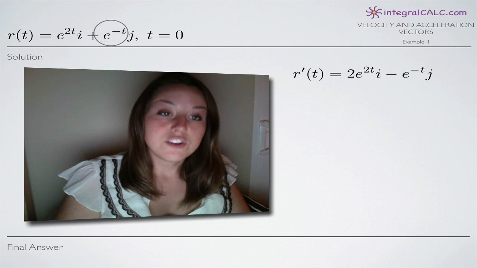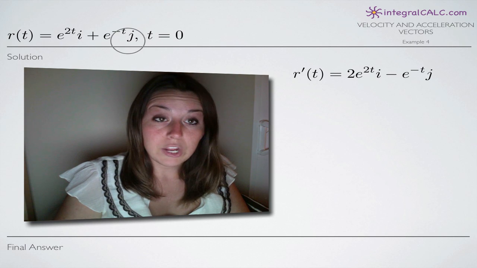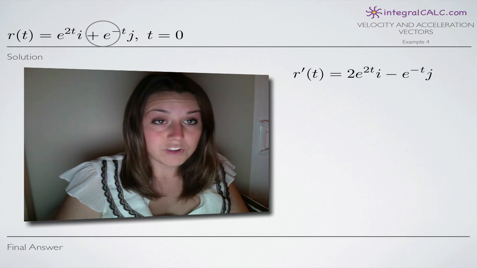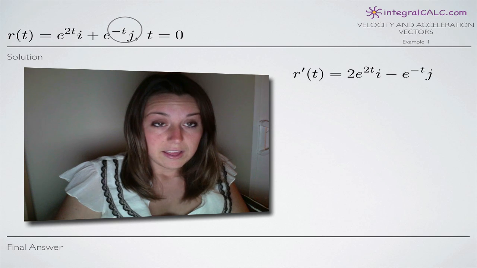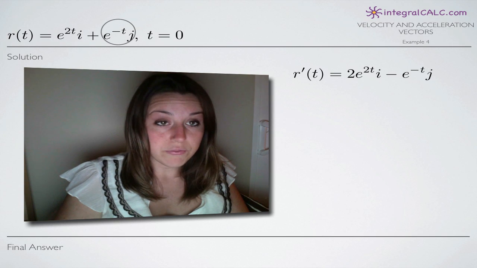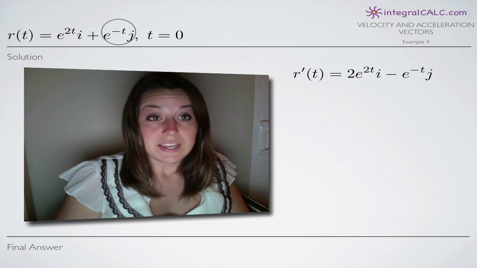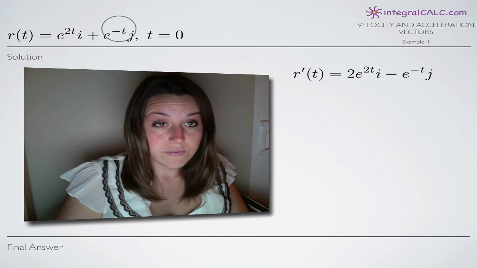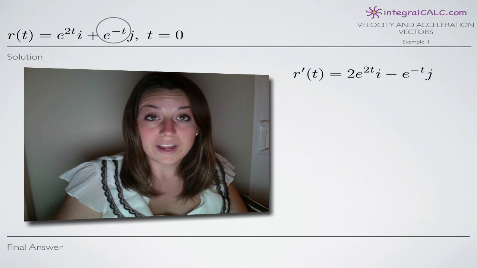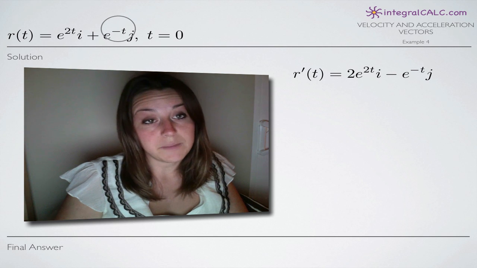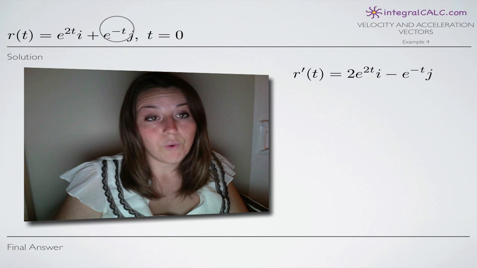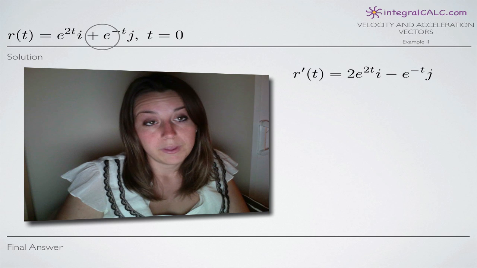So taking the derivative of the second term, I'm going to ignore j, so I'm just looking at e to the negative t. And again, same as the first term, normally the derivative of e to the t would just be e to the t, but I have this negative sign here, in other words a negative 1, as a coefficient on the t. So I need to multiply negative 1 out in front of this term here.